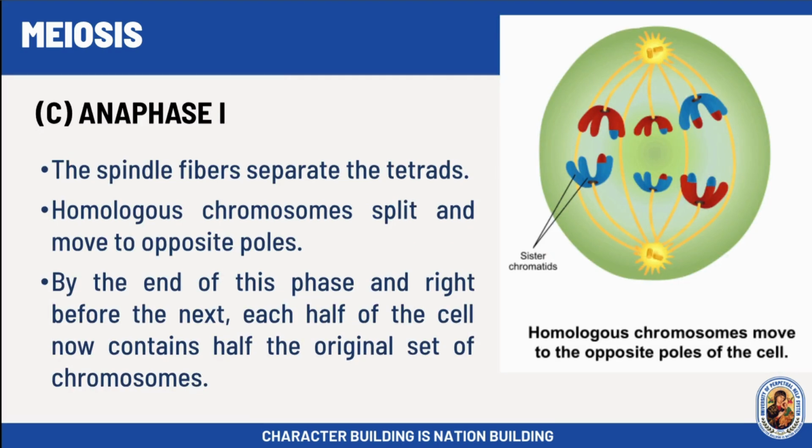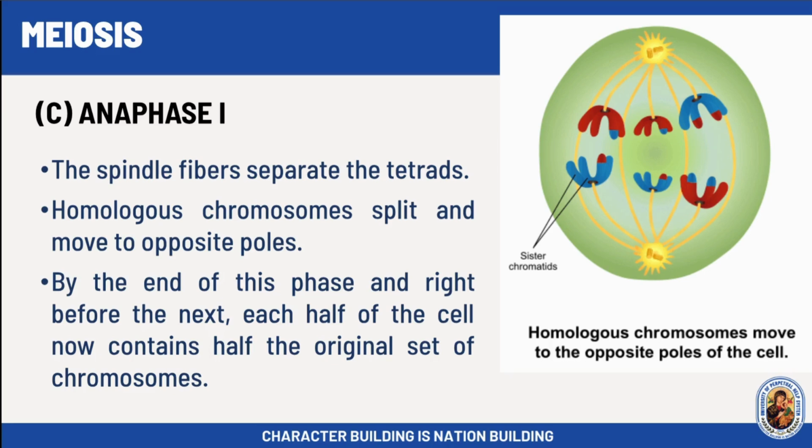After metaphase, anaphase one comes to split the tetrads and move the chromosomes to the opposite poles, and by the end of this, we'll remain with pairs of chromosomes, not four pairs of chromosomes, but rather two pairs of chromosomes.